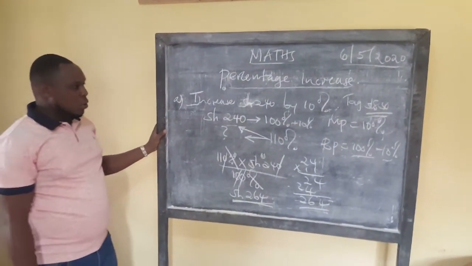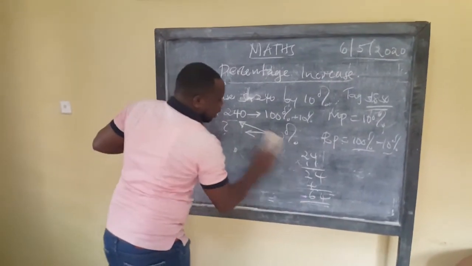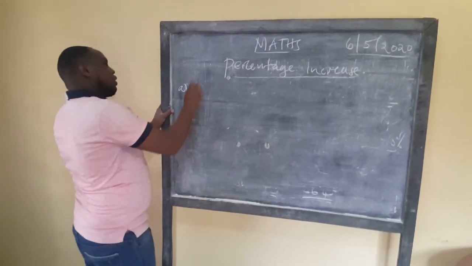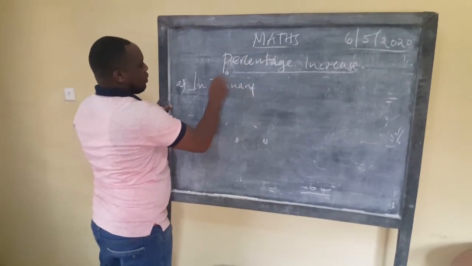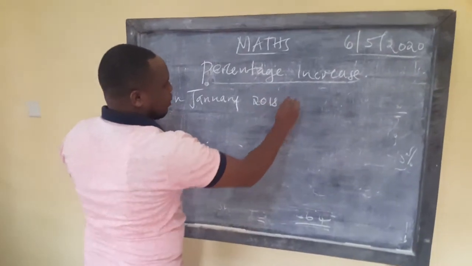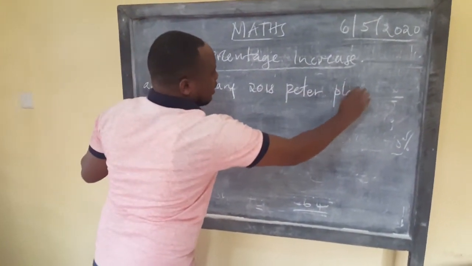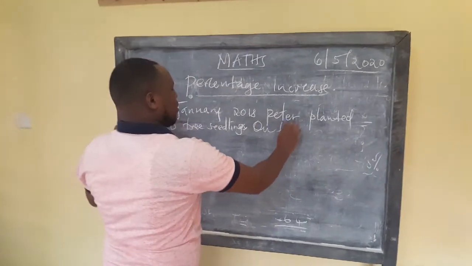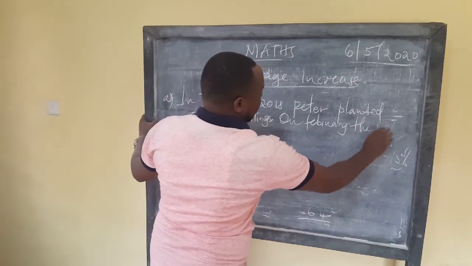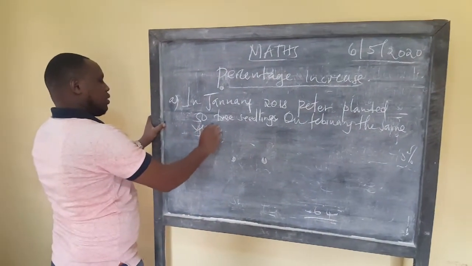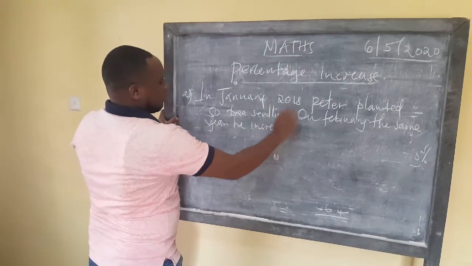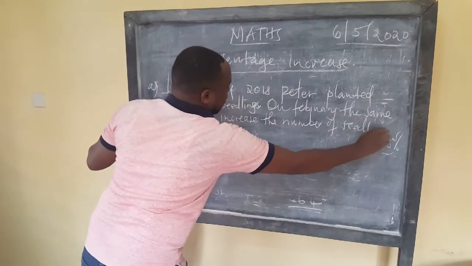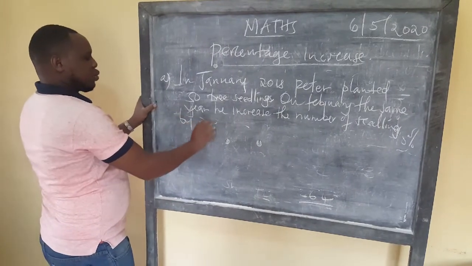Let's look at another example where, for example, you can be told that in January 2018, Peter planted 50 seedlings. In February the same year, he increased the number of seedlings by 20%.